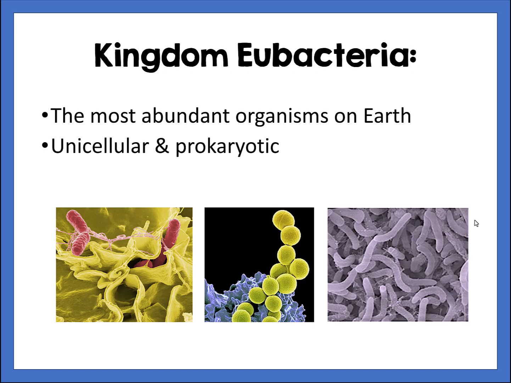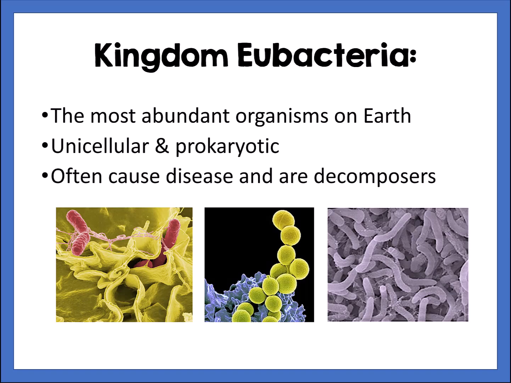They're unicellular and, as I said, prokaryotic, and they are often known to cause disease or are decomposers. So these would be the bacteria that you think of the most frequently, that you would encounter infecting your body or breaking down a dead log or leaves, something like that.